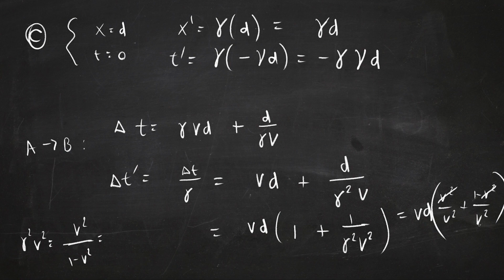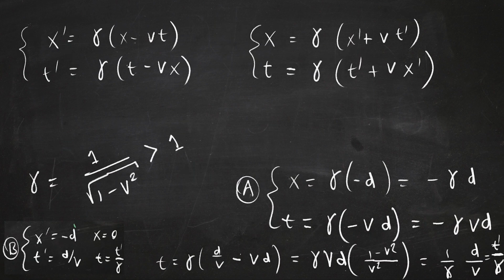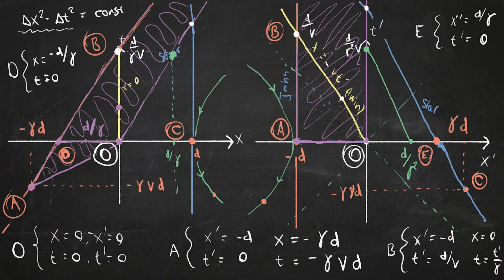You get 1 over v squared just left over. And the 1 over v squared cancels with the v to give you the d on v. Right? So that is the time between the events of A and B. So I think that solves your apparent kind of paradox, as it were.